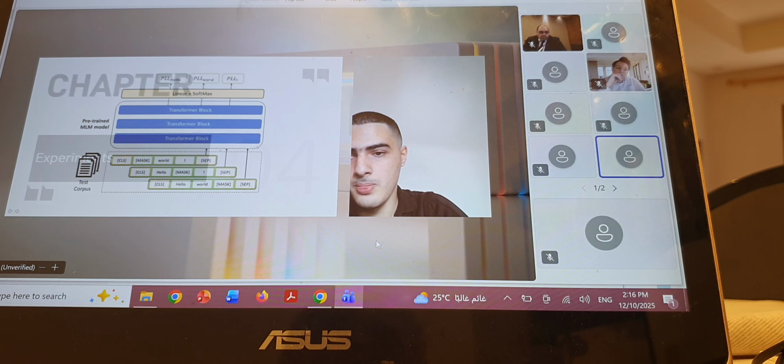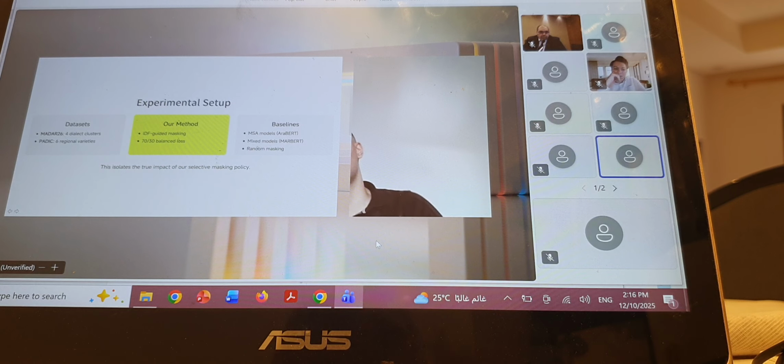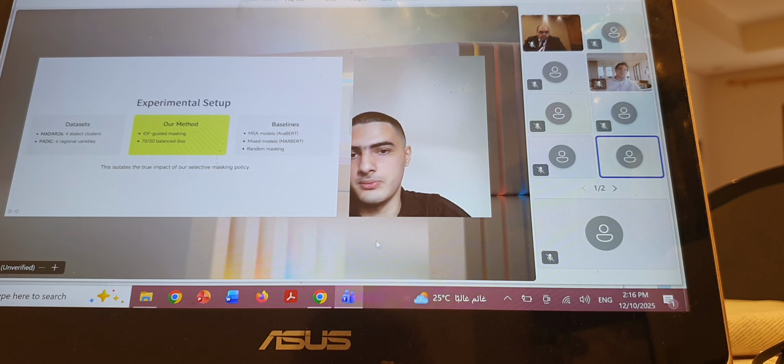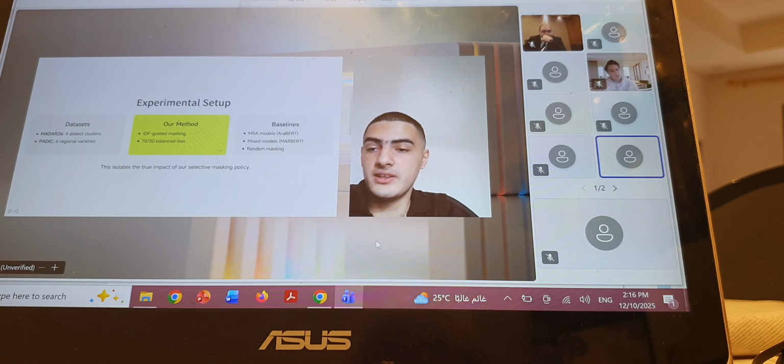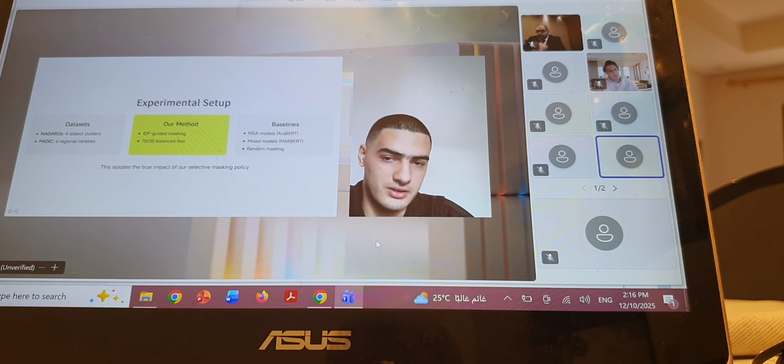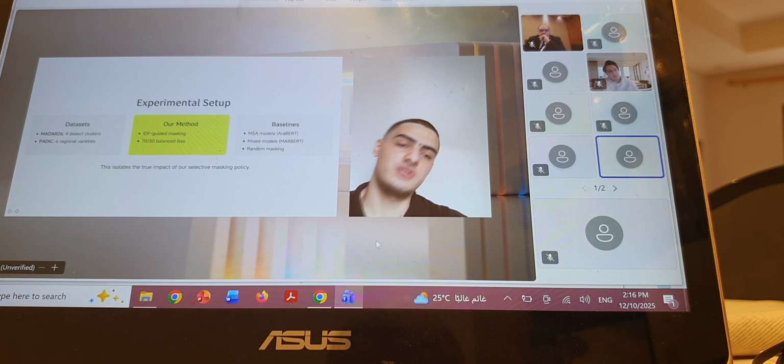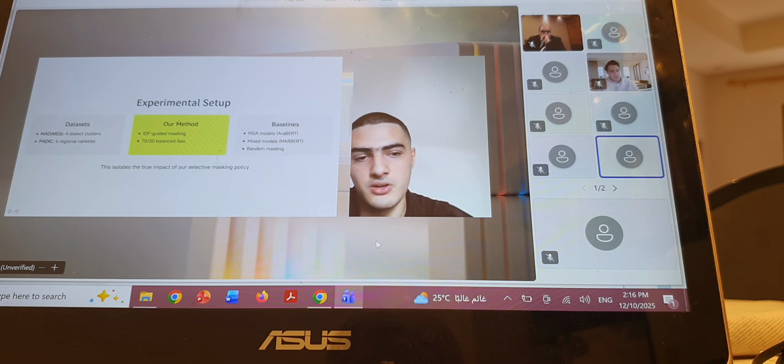When it comes to our experimental setup, we use two datasets: the Mardar dataset, which has 4 dialect clusters, and the PADIC dataset, which has 6 regional varieties. As for the models, we used MSA models such as BERT and CamelBERT, and mixed models such as MAR-BERT and CamelBERT mix.